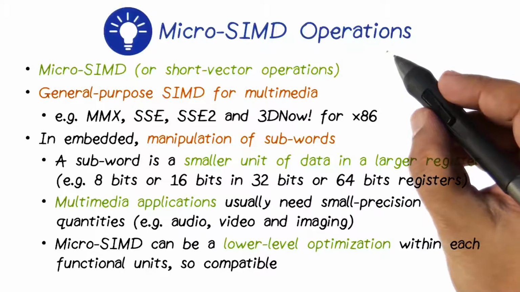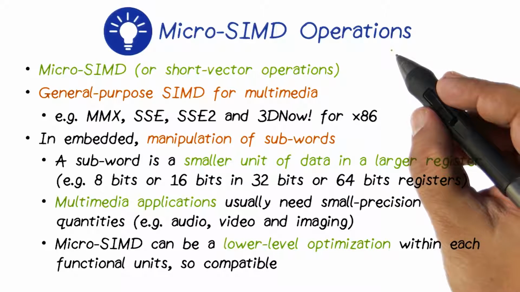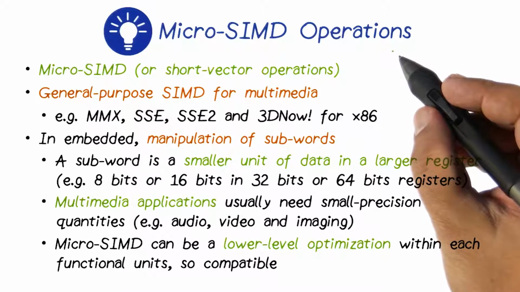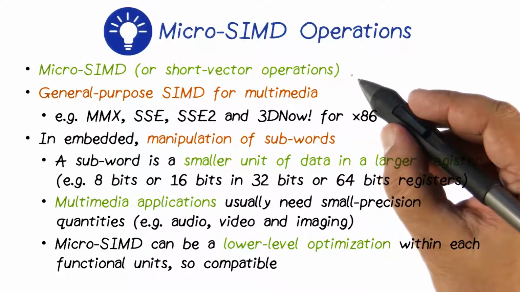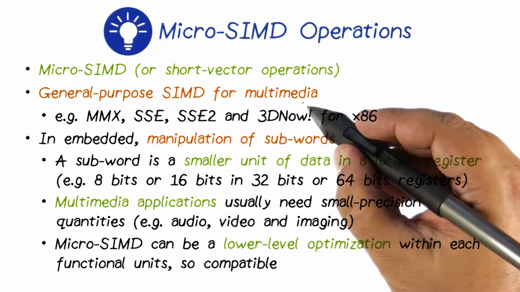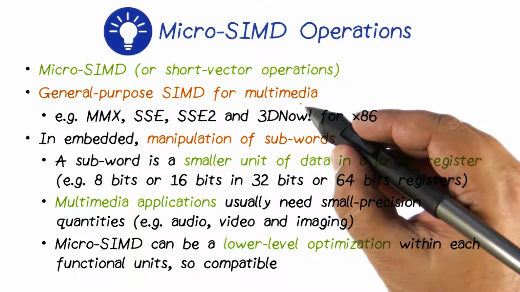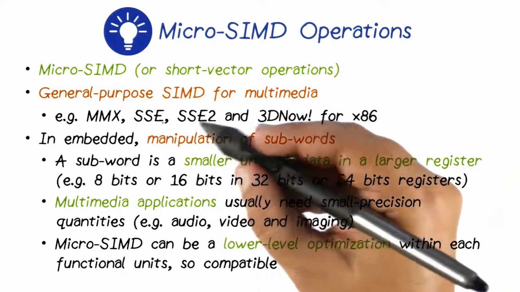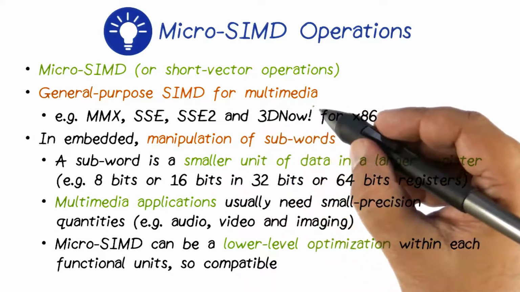So we have been talking a lot about VLIW, and we talked to some extent about SIMD as well, but micro SIMD deserves special attention. Micro SIMD is extremely popular, and has in fact made its way as extensions for x86 such as MMX, SSE, SSE2 and 3DNow.